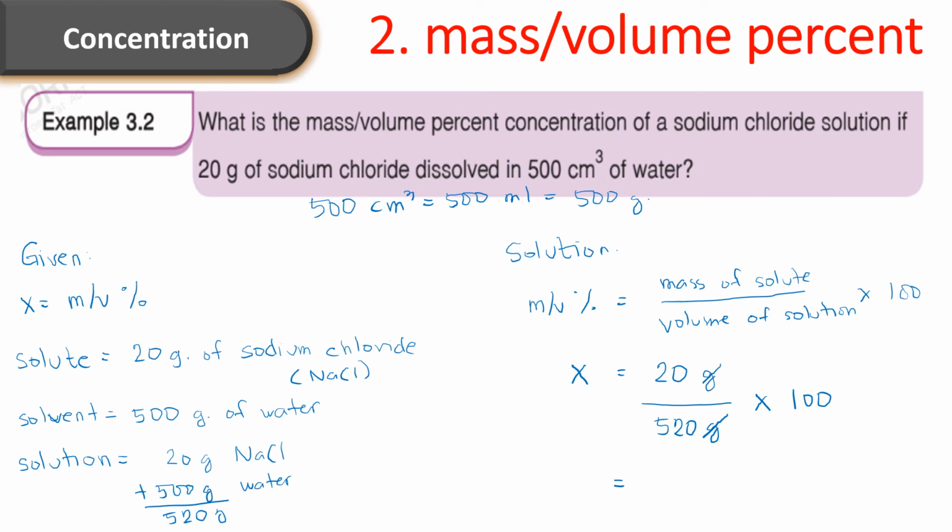So you will get 0.038 times 100. If we multiply 0.038 by 100, you will get 3.8, or we can round it up to 4%. So our mass over volume percent concentration of your sodium chloride solution is 4%.